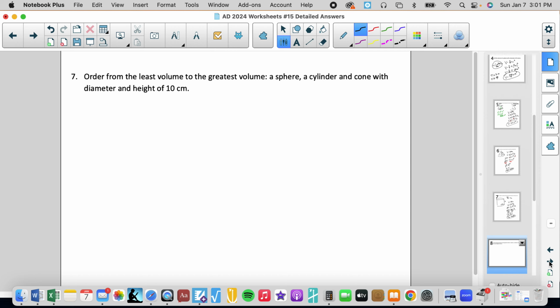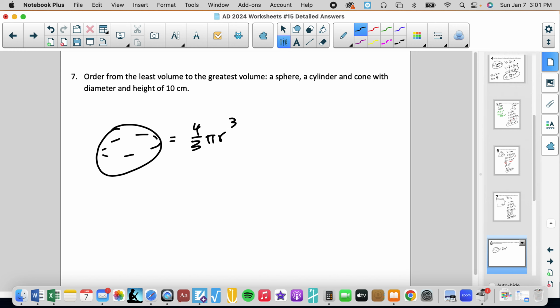Order from the least volume to the greatest volume. A sphere or a cylinder and a cone with a diameter and height of 10 centimeters. So a sphere is going to be volume, which is 4/3 pi r cubed.